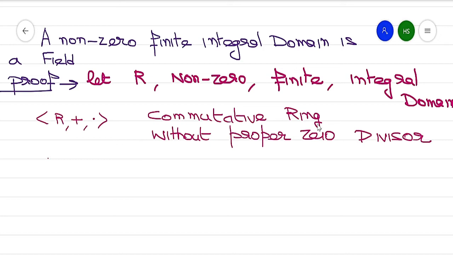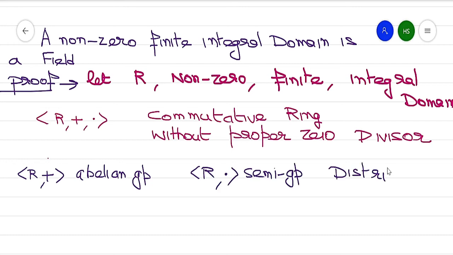Now, if it is a commutative ring, then it means R with plus, number 1, is an abelian group. Number 2, R with multiplication is a semigroup. Number 3, the distributive law. Number 4, commutative. And number 5, without proper zero divisor.